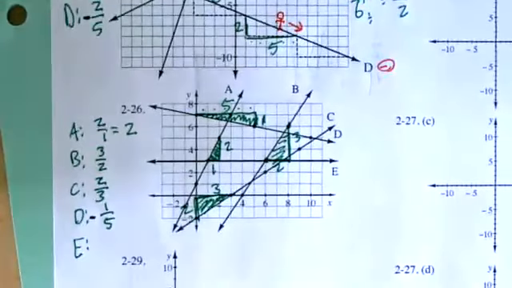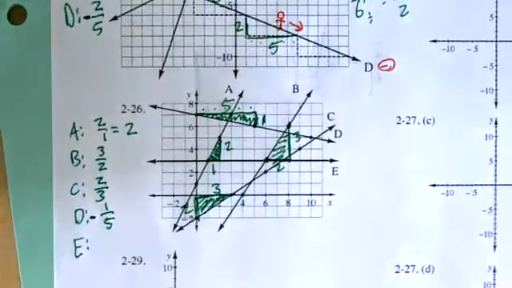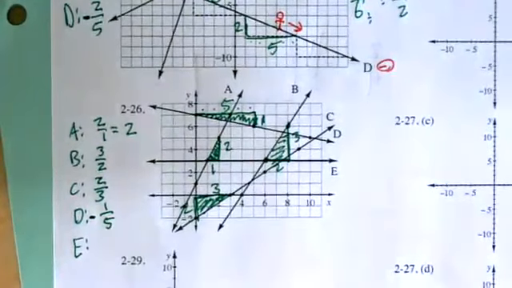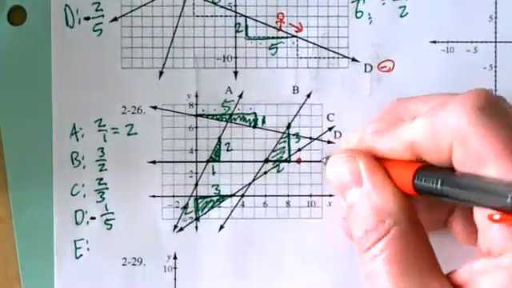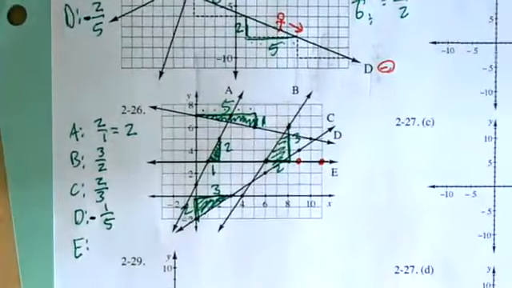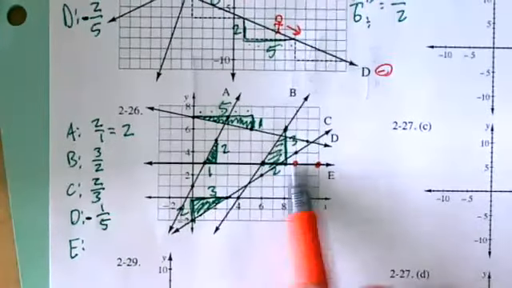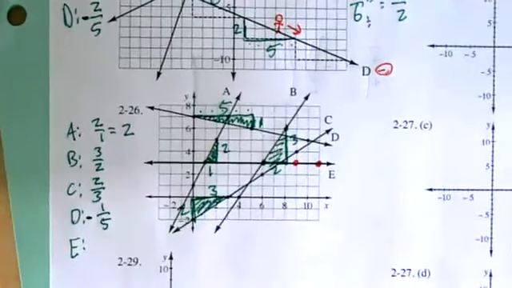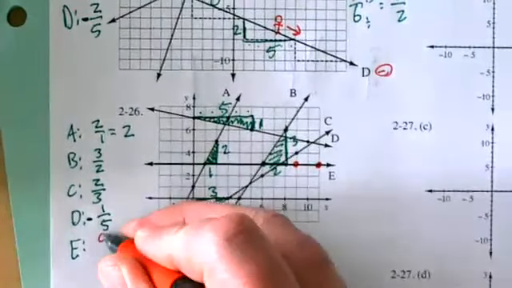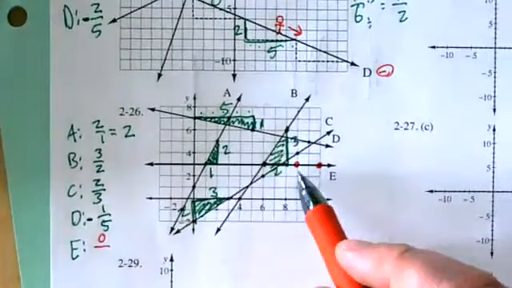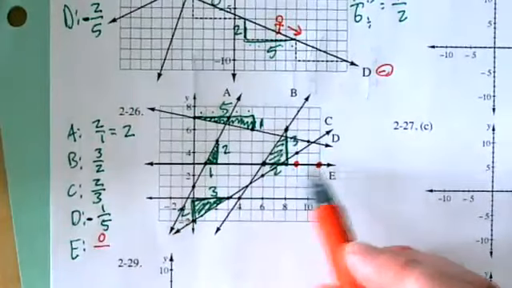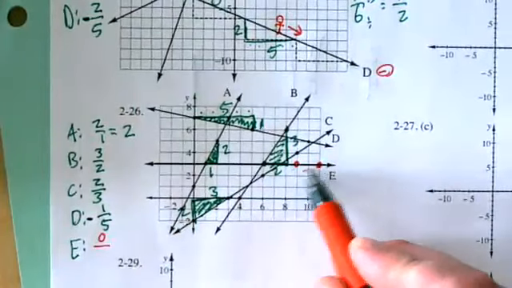All right, E is the weird one. Now, if I pick any 2 points on E, it doesn't matter which 2 points I pick, I should get the same answer. What is my change in Y between any 2 points on this line? 0. So it's going to be 0 over... Now, it's not going to be over 0 because these are not at the same place. My change in X here is 2.